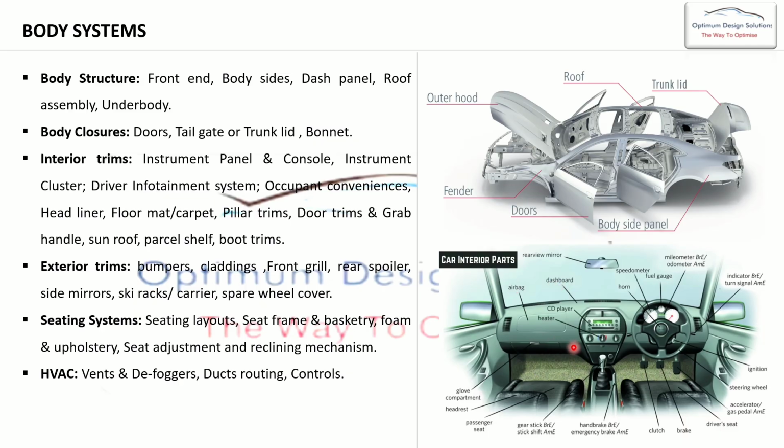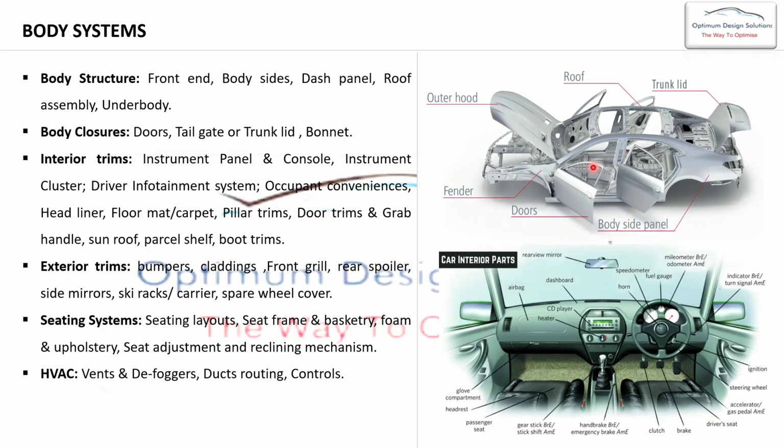Then the interior trims: you can see the dashboard, the full IP instrument panel, the steering, and all the controllers. Throughout the interior there are parts like the HVAC system and seating.